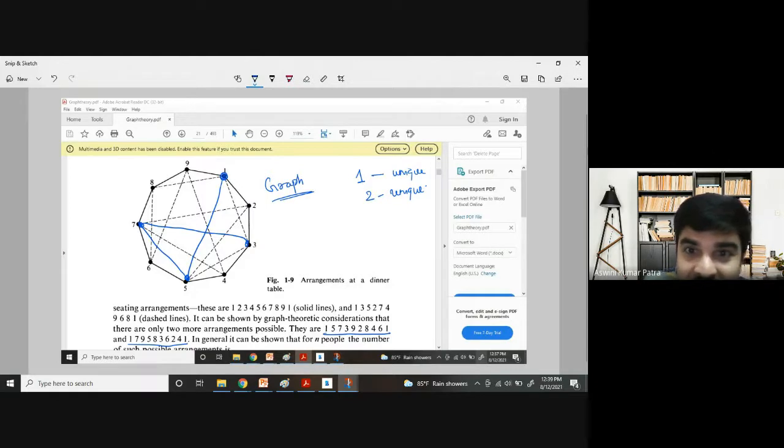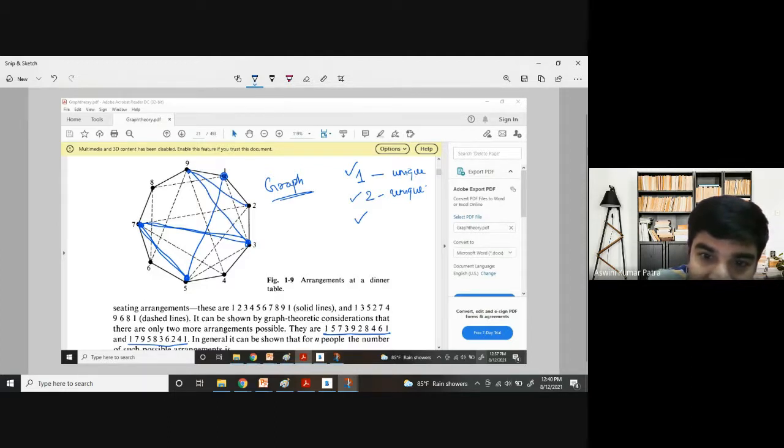The very first solution I showed you was simply 1, 2, 3, 4, 5, 6, 7, 8, 9. Then I connected the dots. Then I connect the other possible options, like 1 and 5 which was not connected. Once I'm at 5, I can connect to 7. After 7, I can connect to 3. After 3, I can connect to 9. After 9, I can connect to 2.